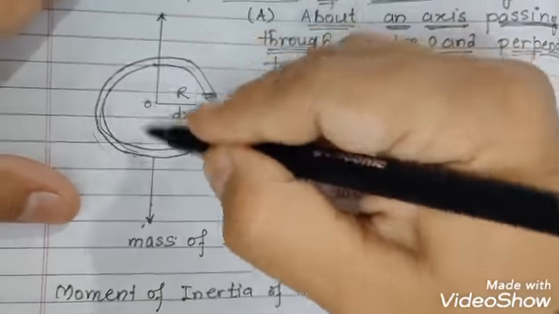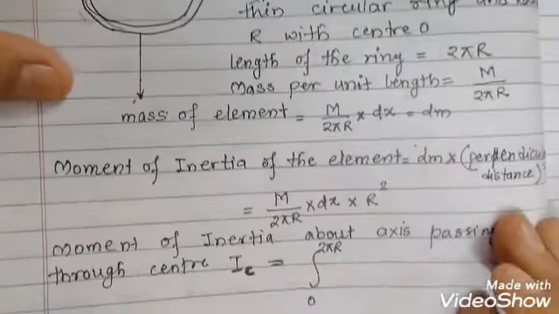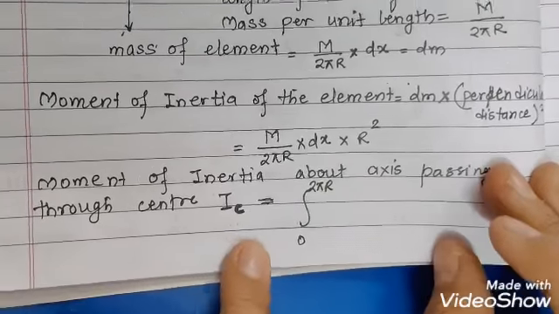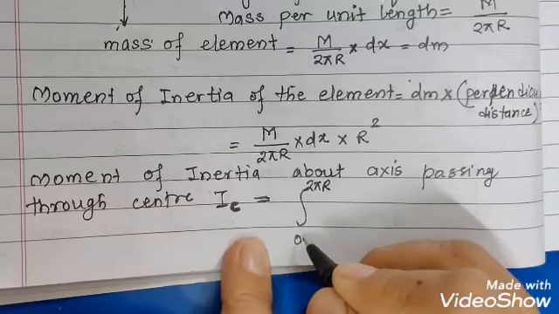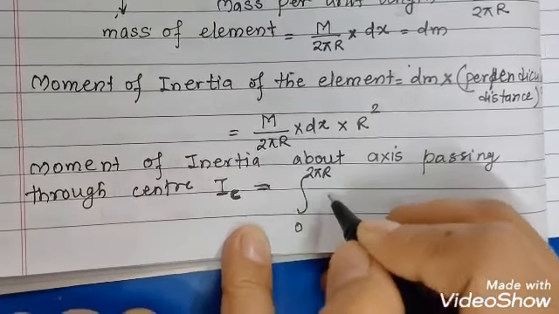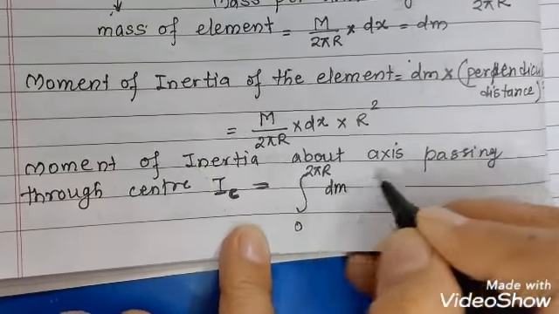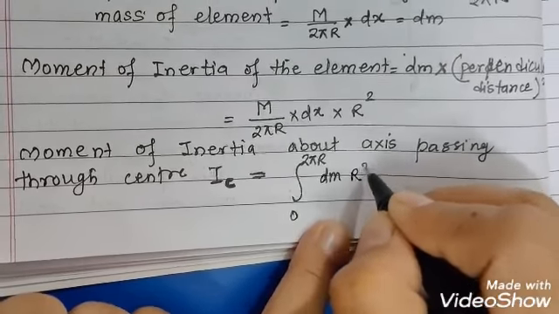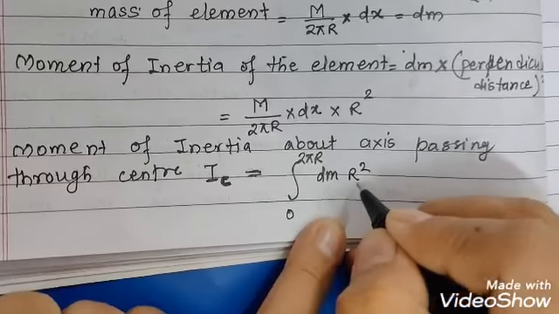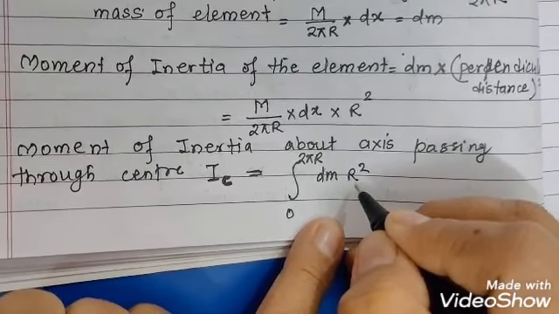So the moment of inertia of the whole ring will be calculated about the axis passing through the center. We are integrating from 0 to 2 pi r, and the formula which we have written already is dm r square, where dm is the mass of the element and r square is the square of the perpendicular distance.